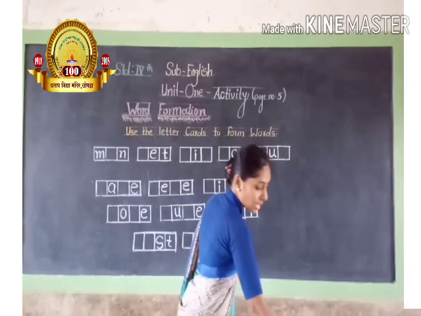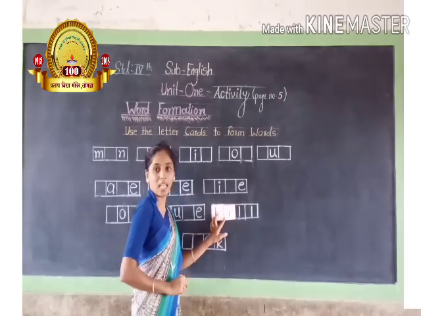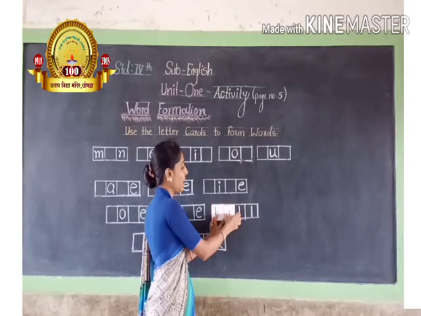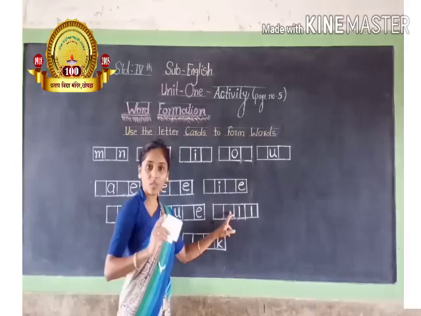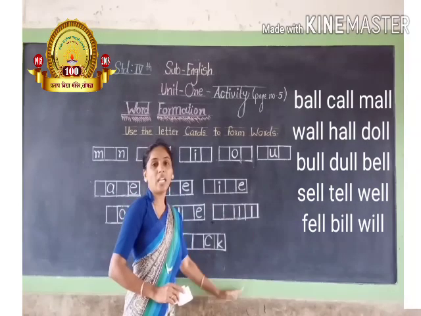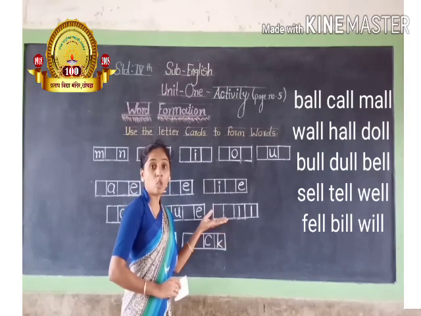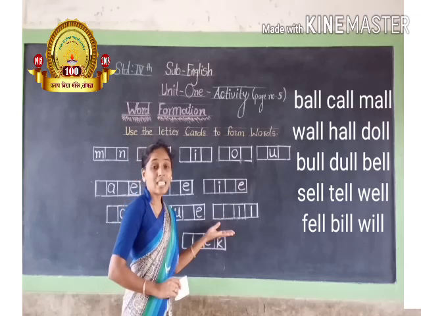If you put here I, then BILL, bill. In this way, you can put any one vowel and change the consonants. You can find different words like this: ball, doll, mall, bell, sail, bill.